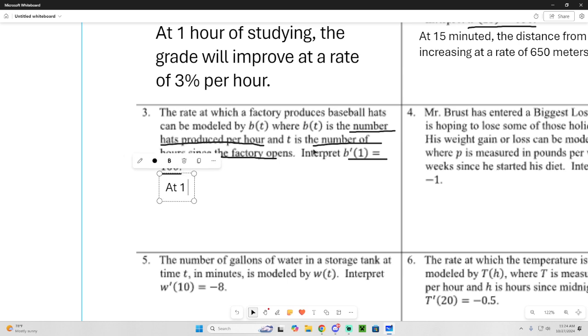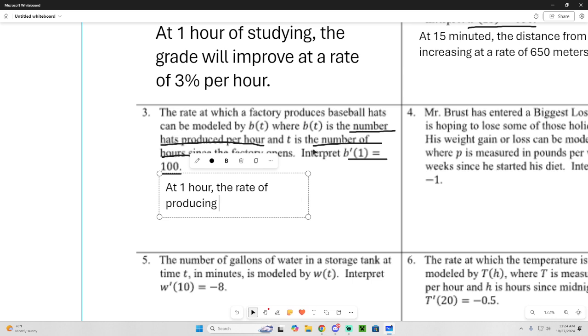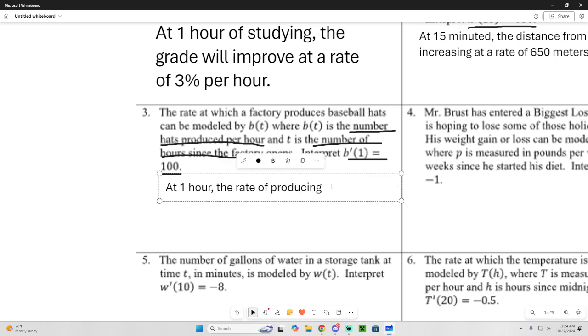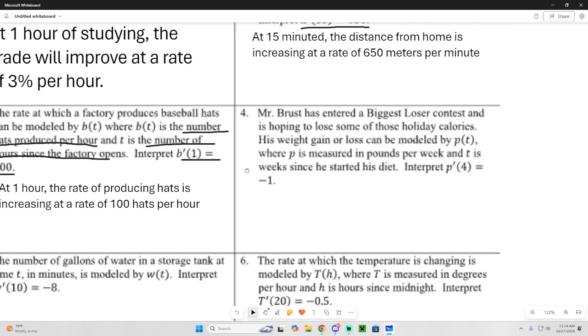So at 1 hour, the rate of producing hats, which is our dependent variable, is increasing because our derivative is positive, at a rate of 100 hats per hour. And that's our answer.